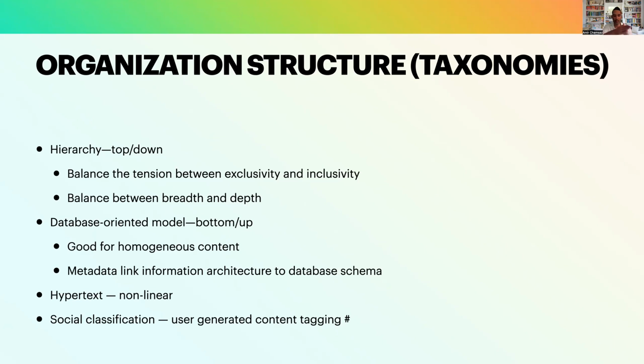With database oriented, they don't have to go through a hierarchy to find it. They can just type it in because it's in the database. They can find it directly and go straight to the item. And you need metadata, information that you attach to those different pieces so that you can identify what they are.